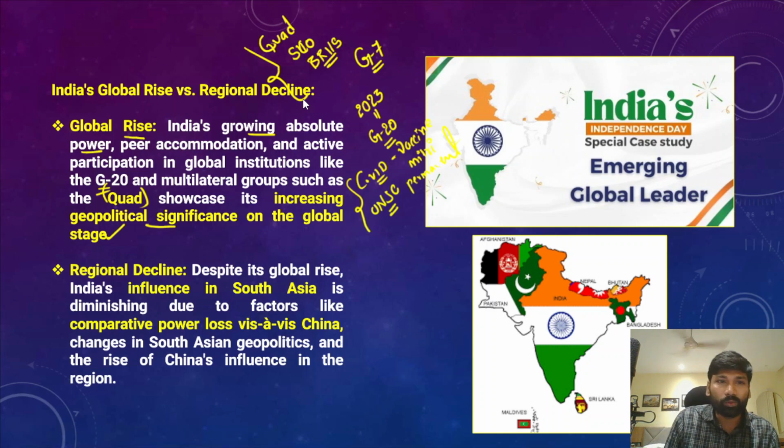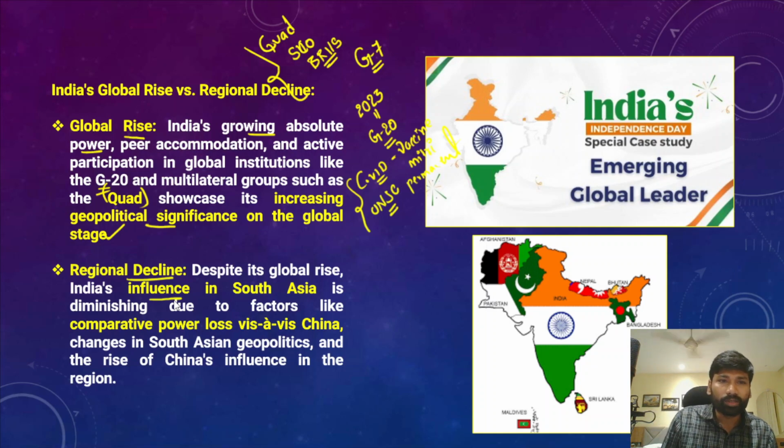But on the other hand, we have been observing the regional decline of India. India was not able to maintain its relations with its neighbors in the region. So there are several factors contributing to this regional decline. India's influence in South Asia has been gradually diminishing in recent times.